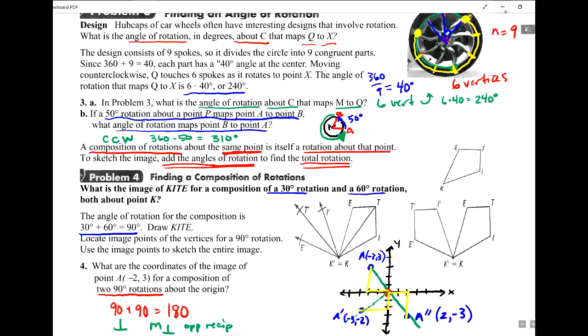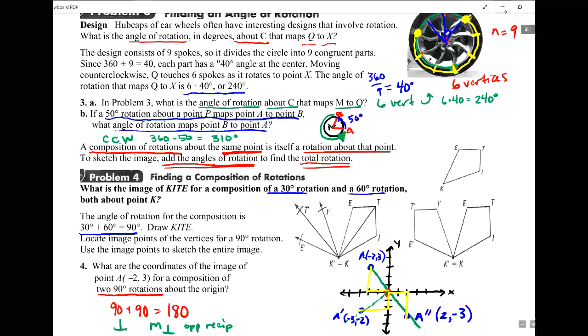Now what I want you to look at is the coordinates of all of these. Our pre-image is -2, 3, over 2, up 3. What is our first image? Well, we went down 2, over 3, and got opposite coordinates here because we moved 90 degrees.